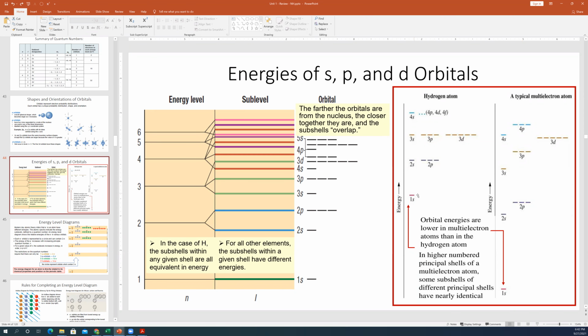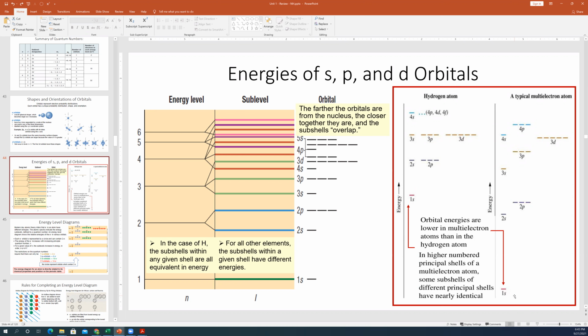So here is the 1s in hydrogen and the 1s in a multi-electron type of atom. For hydrogen, the 2s and the 2p have the same energy level, but in multi-electron atoms, the 2s and the 2p are split. They have different energy levels. So the orbitals are generally lower in energy in multi-electron atoms than in hydrogen.